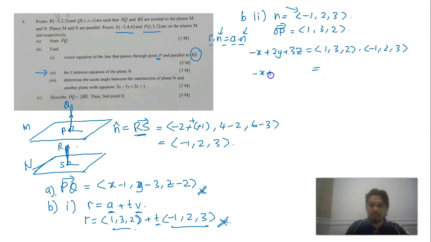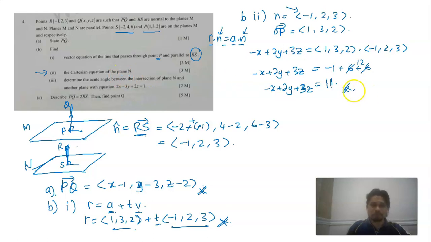So negative X plus 2Y plus 3Z equals 1 multiplied by negative 1, negative 1, plus 3 times 2 equal to 6, plus 2 times 3 equal to 6. So 6 plus 6 equal to 12, 12 minus 1 equal to 11. So negative X plus 2Y plus 3Z equals 11 is the Cartesian equation of plane N.